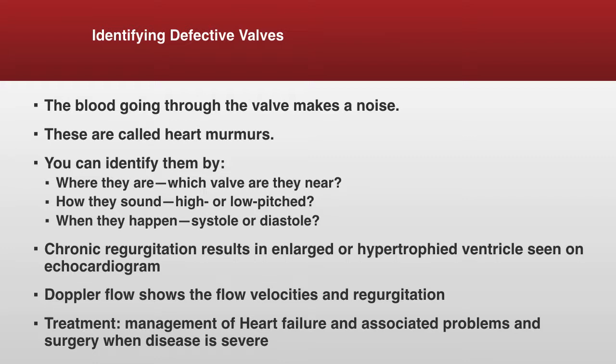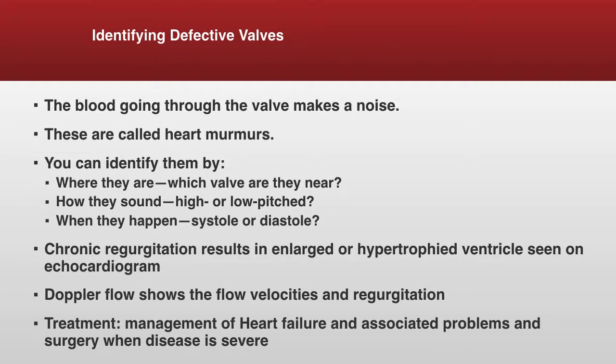Identify if there are defective valves. The blood going through the valve makes a noise, and we call those noises murmurs. You can identify them by where they are. So in other words, as you're listening, if you remember your assessment class, the different areas that you listen on the chest are over those various valves.